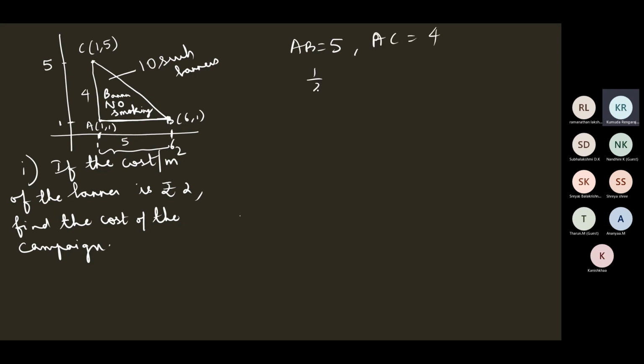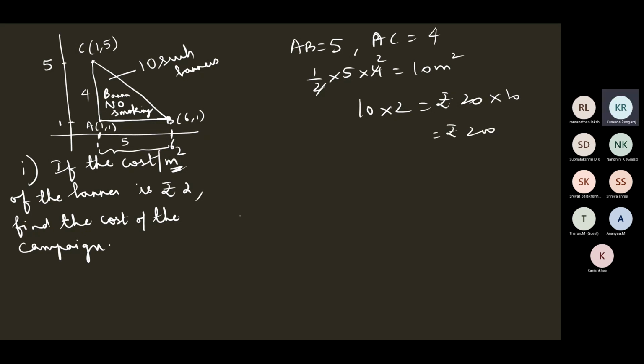Area of the triangle is half into base into height, half into 5 into 4, so 10. The area of the triangle is 10 meters square, because it's given here cost per meter square. So cost of one banner is 10 into 2, rupees 20. So 10 such banners will be 20 into 10, 200.